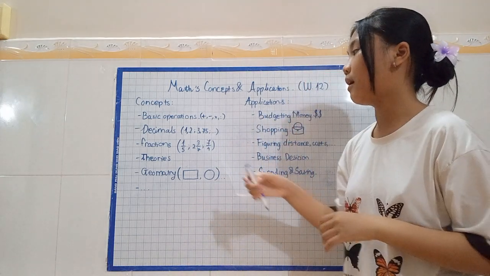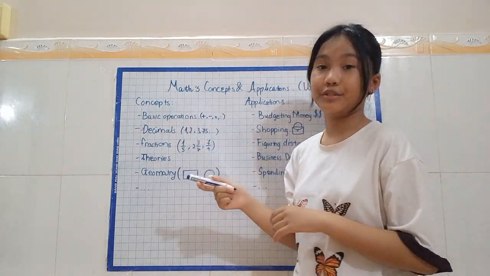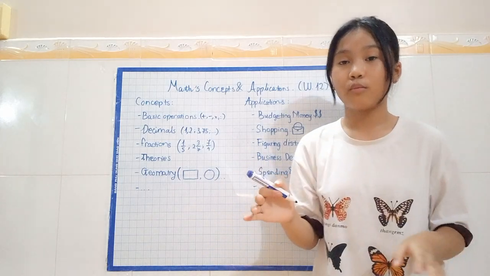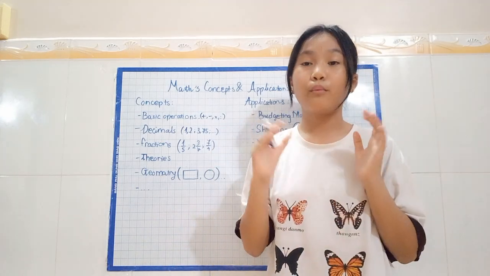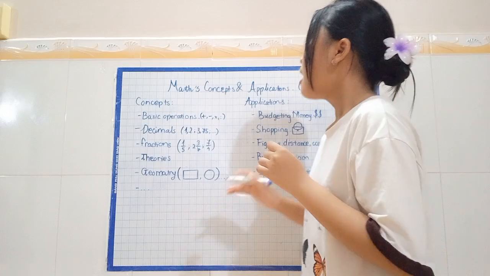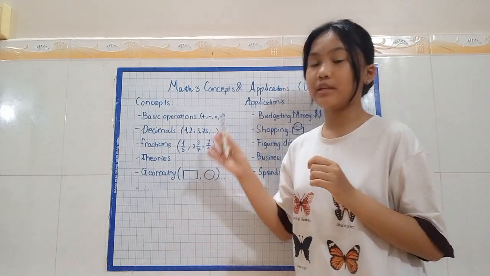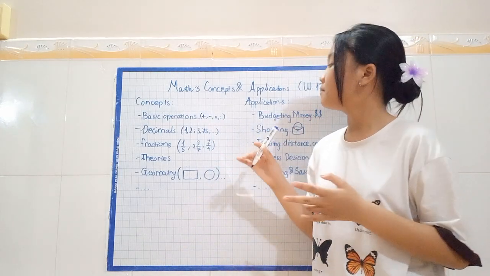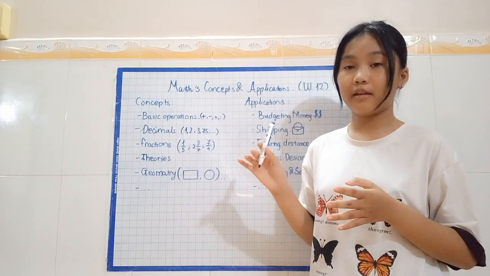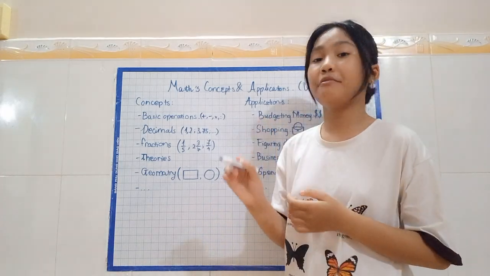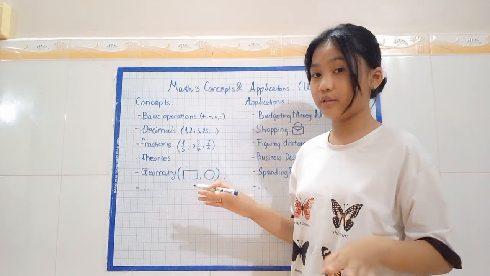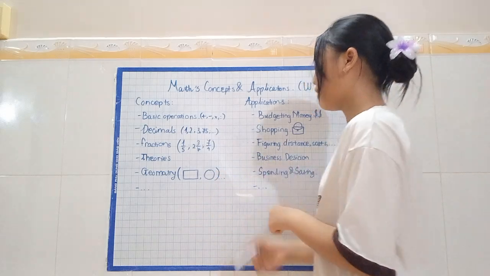First, we have our basic operations, which is something so normal that we got to learn when we were just toddlers. Basic operations include addition, subtraction, multiplication and division, which are very useful things that we could use in every situation in our life.